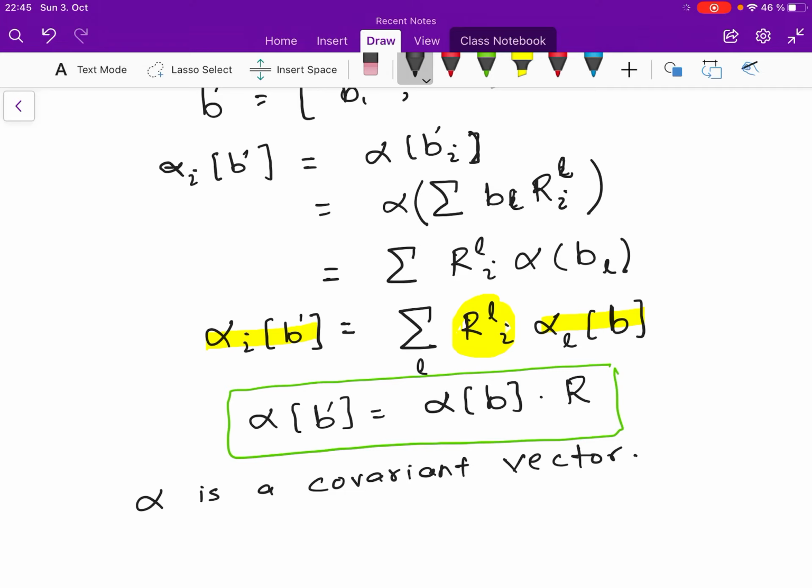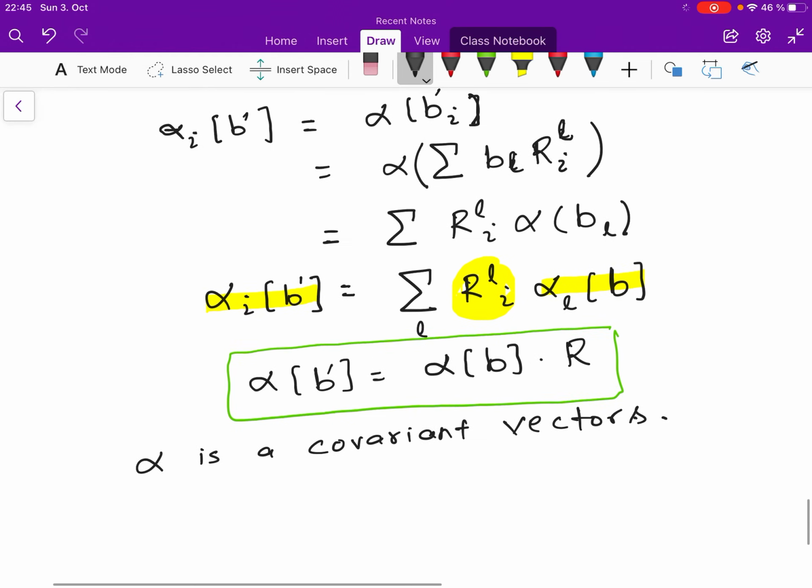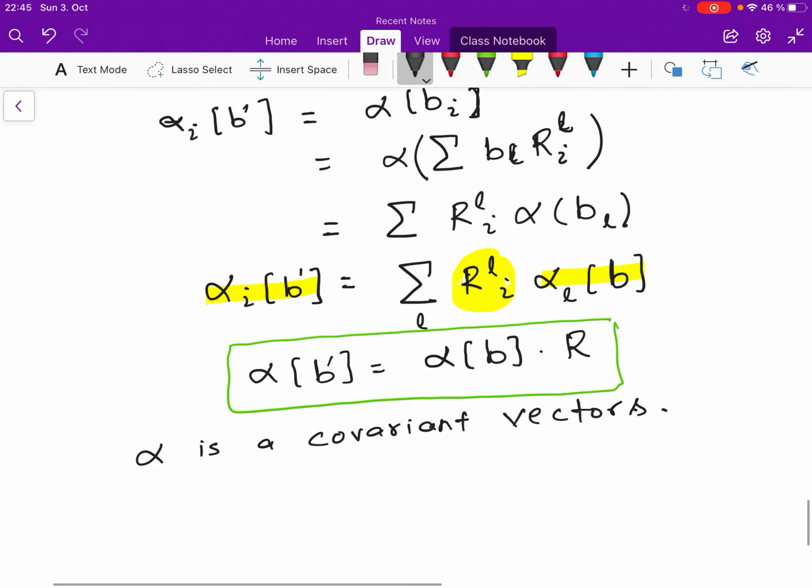So such vectors are called covariant vectors. Everywhere in linear algebra or in mathematics, if we see some quantity which changes according to the change of basis matrix, then we call such an object a covariant vector.